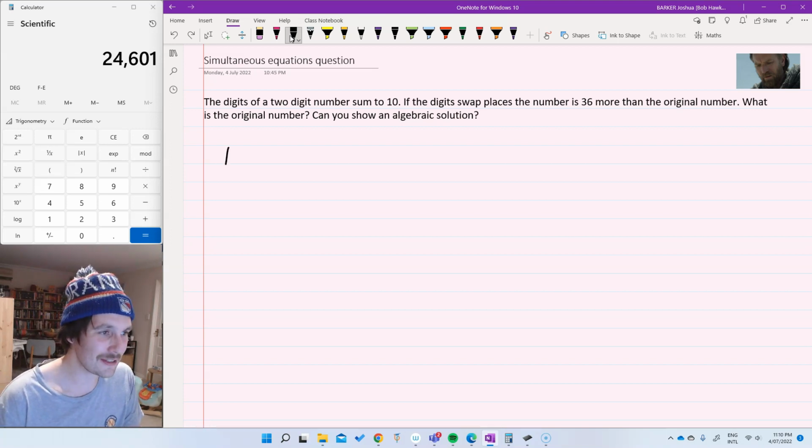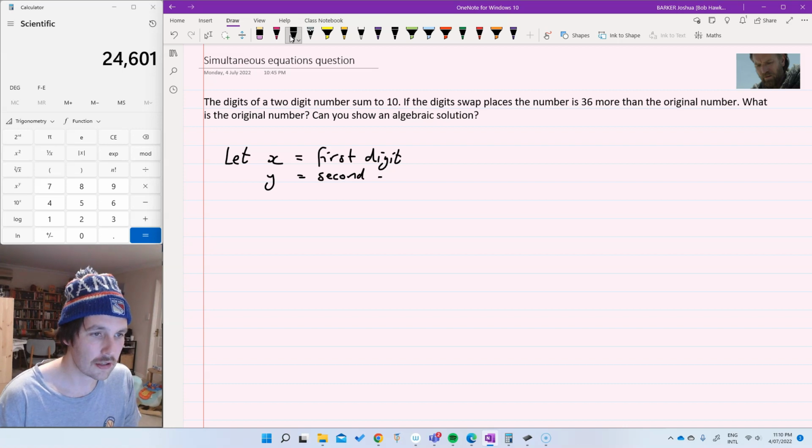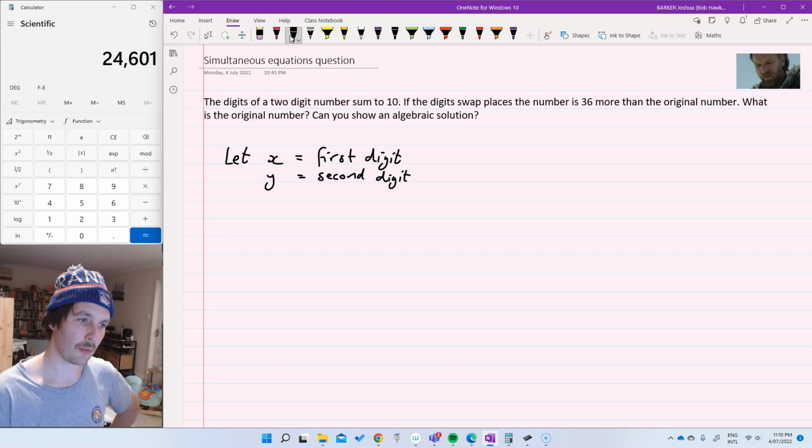Okay, first thing I'm going to do is define my variables. We're talking about the digits of a two-digit number, so I'm going to say let x equal the first digit in the two-digit number and y can be the second digit. Lovely. All right, so first thing we'll do is come up with equation 1.